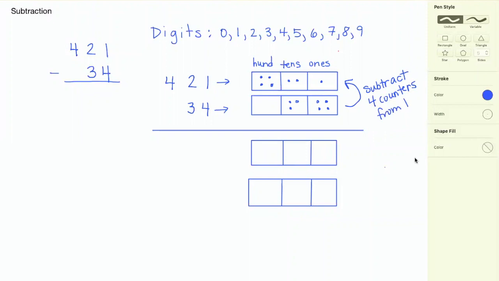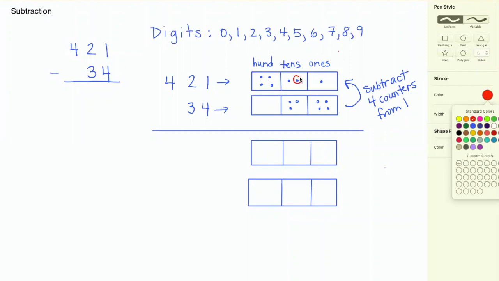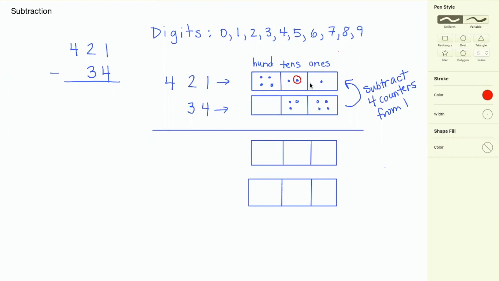And this is where you have to remember being an elementary school kid. If they say, oh, I'm going to take away 4 counters from 1, and the kid's sitting there with 1 penny in their hand, they're like, I can't take away 4. I only have 1. In this case, once again, the problem is solved by looking to the next box over. What you want to remember is that when you have a single dot here in the tens, that represents 1 set of 10 counters.